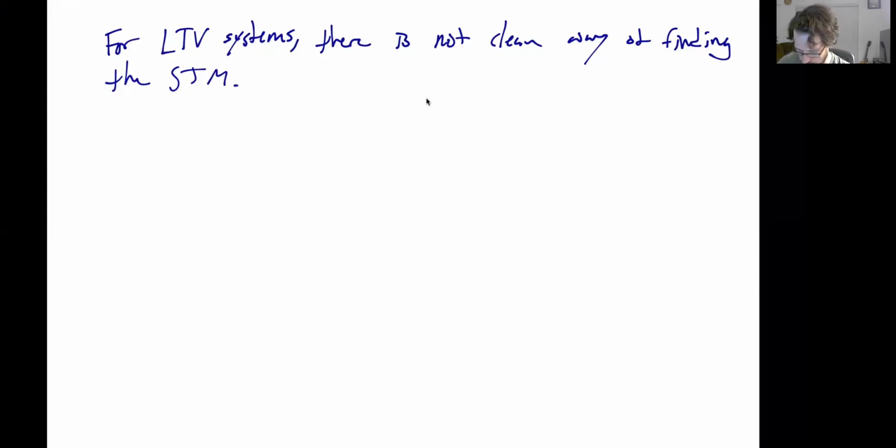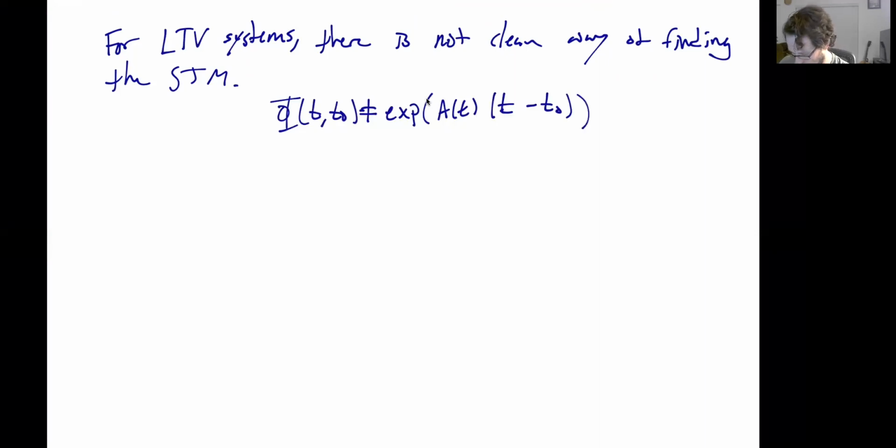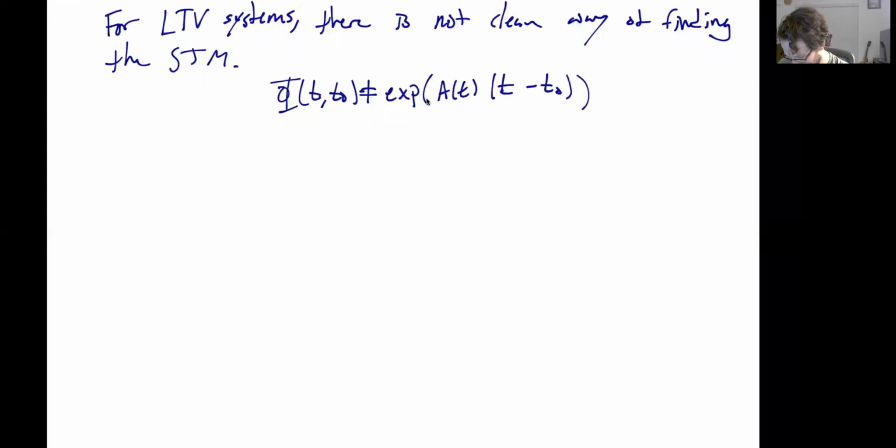So it's most important to note that our state transition matrix is not equal to the exponential of A of t times t minus t naught, where A of t is the time varying state matrix.